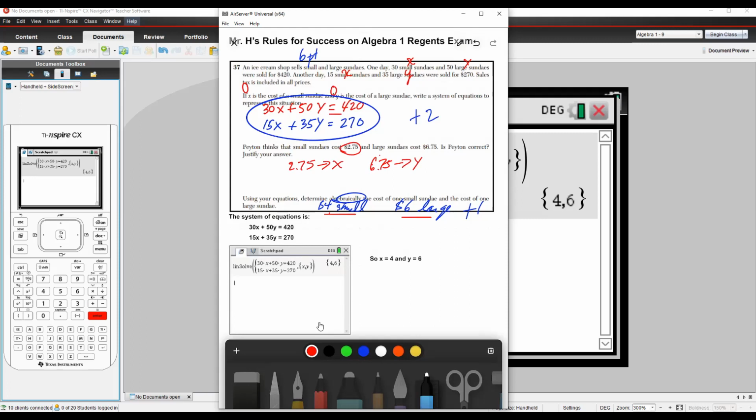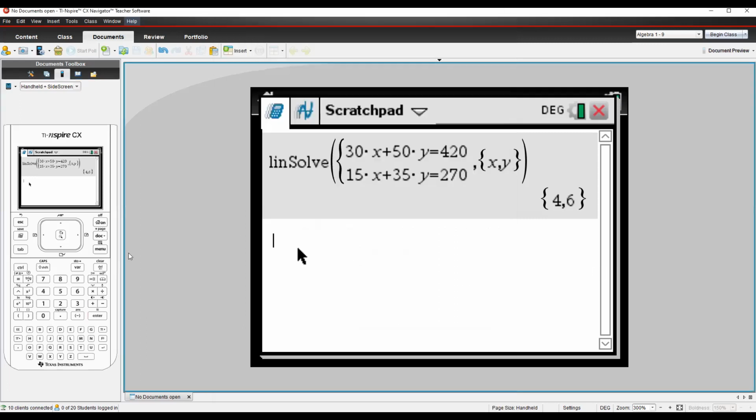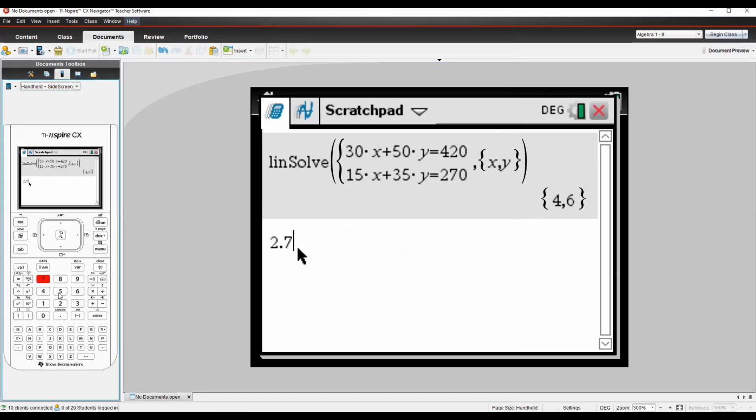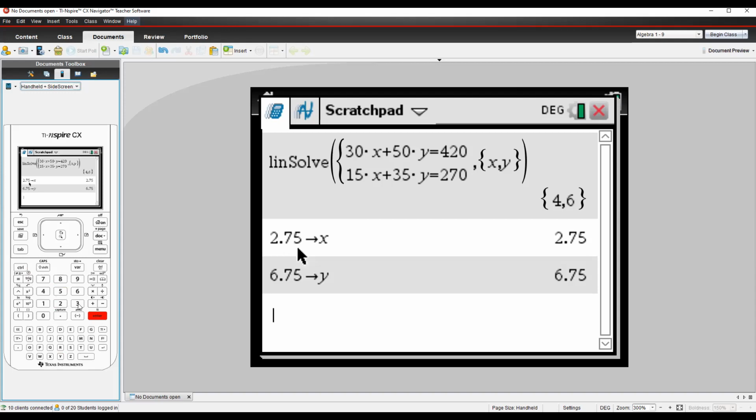So let's do that real quick because I want to make sure that everyone knows how to answer this completely. So we're going to go 275. He said it was 275, and we're going to store that as the small sundae price. And then he said 675 was the large. That's the Y. So I press Y.